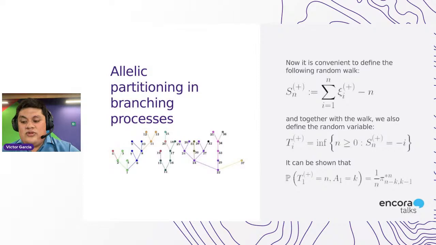To finish with the notation, we will denote by Sn+ the walk itself when we are counting the number of elements. So we are trying to reach a certain level.